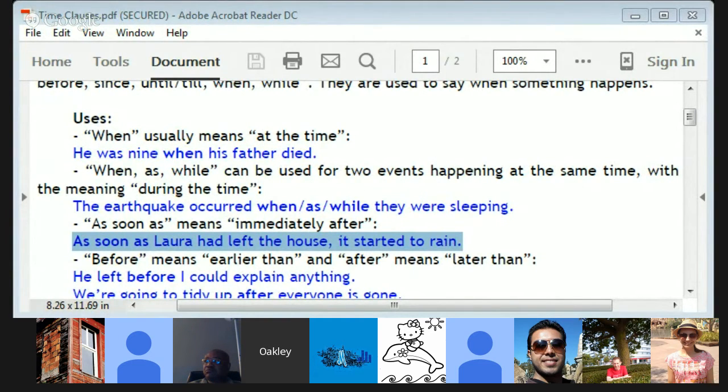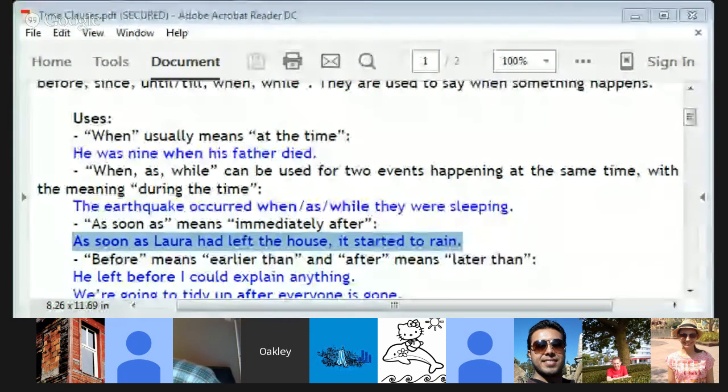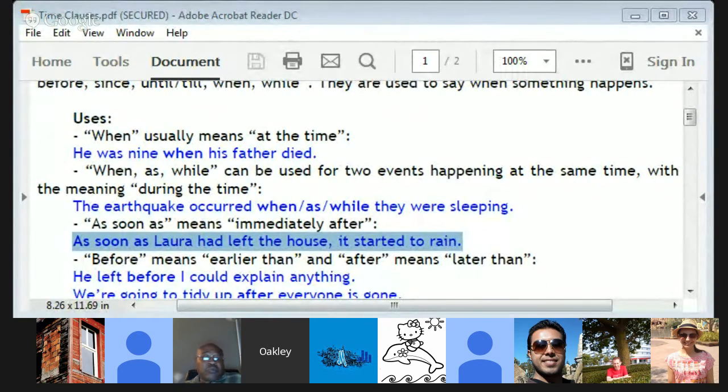Okay. The most important point that you will learn today, absolutely the most important thing about learning these time clauses, is that you can never, ever use any future tense with a time subordinator. This is a 100% rule. This is not a suggestion.